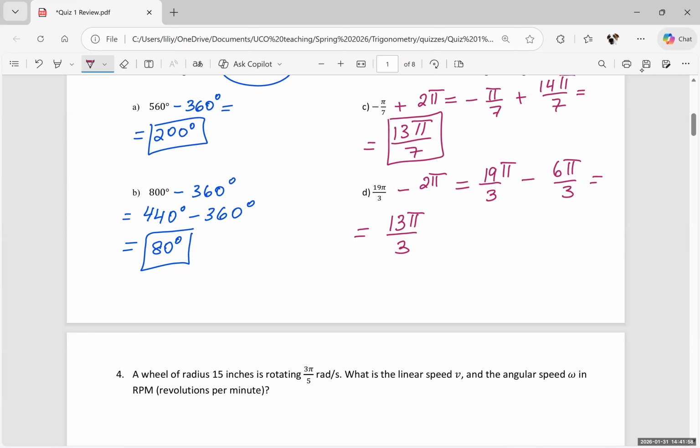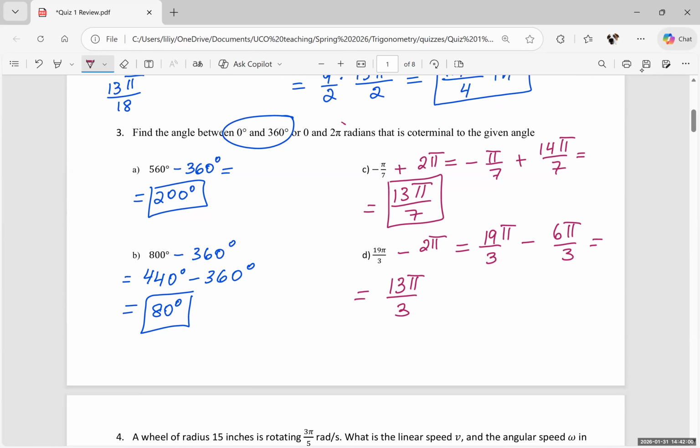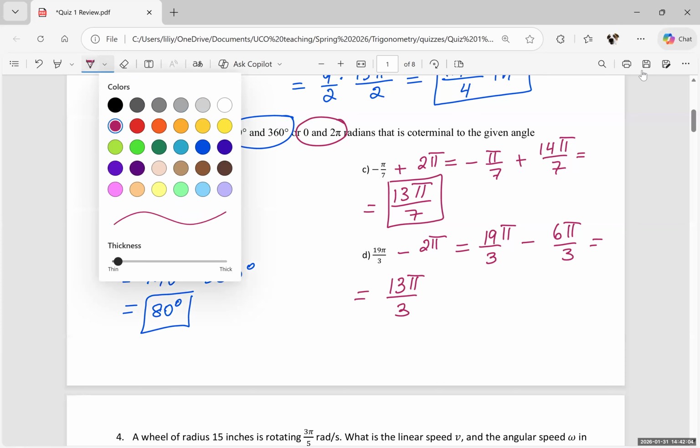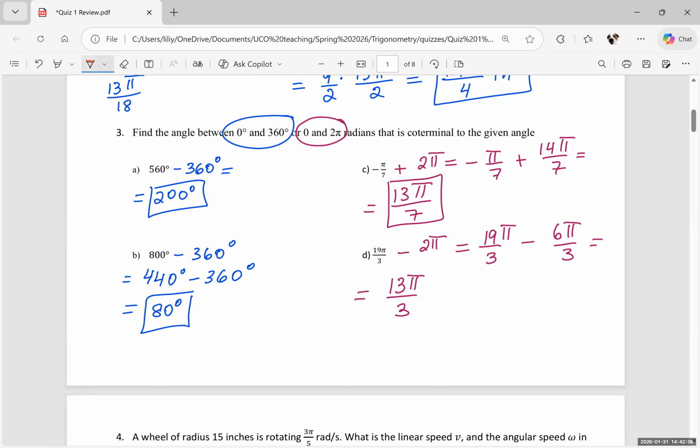Now we have to decide whether or not it is in between 0 and 2 pi. Here's your thought process. 2 pi with a denominator of 3 is 6 pi over 3. We got 13 pi over 3, so that's way bigger than 2 pi. So we have to keep going. Instead of 2 pi, I'm going to subtract 6 pi over 3, because again, I need a denominator of 3.